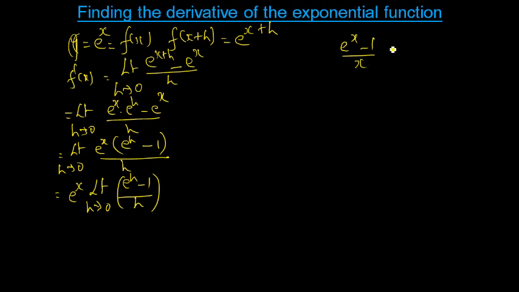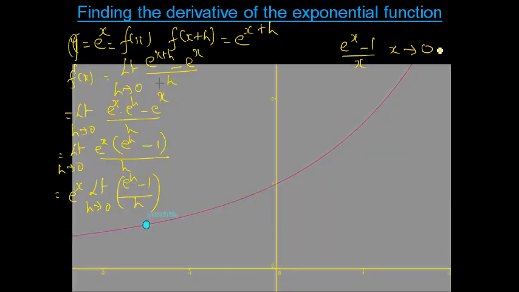Let's see what happens to this function as x approaches 0. This is the function e power x minus 1 over x.